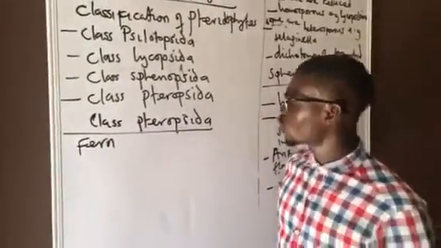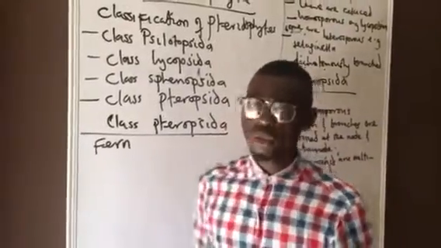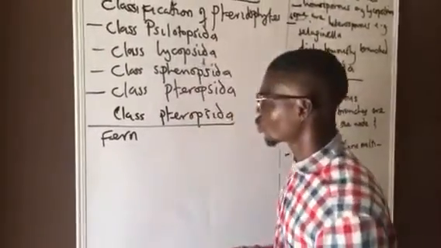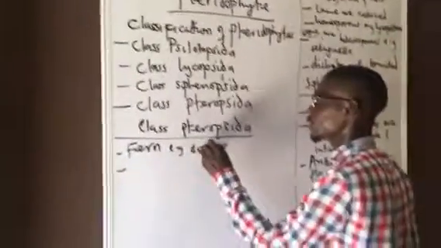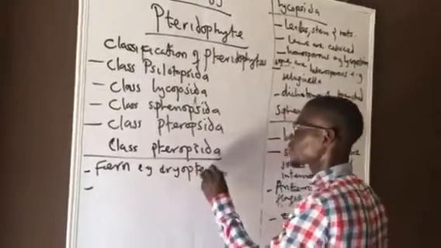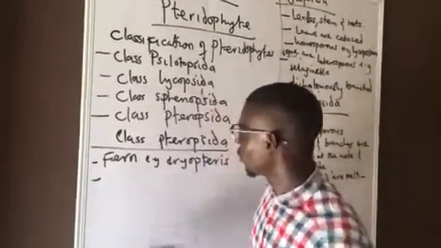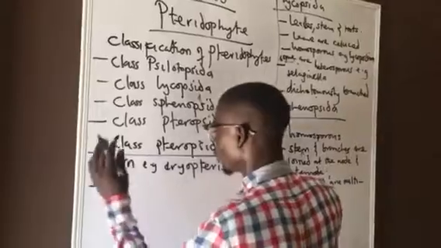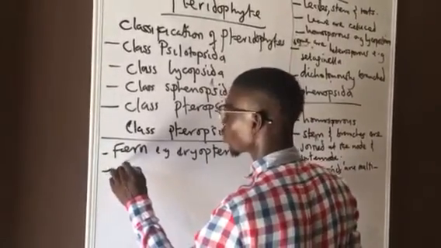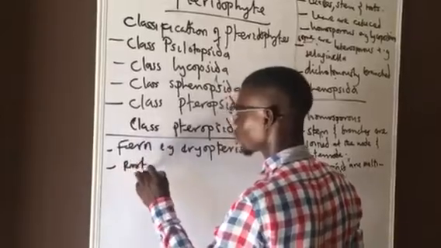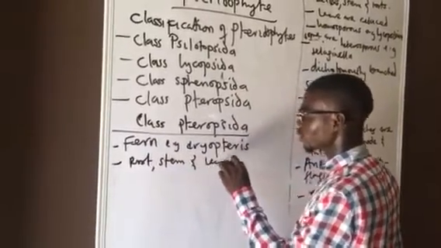So when you talk about this group, the sporophyte, which is the dominant generation, consists of roots, stems, and leaves, for example Dryopteris.